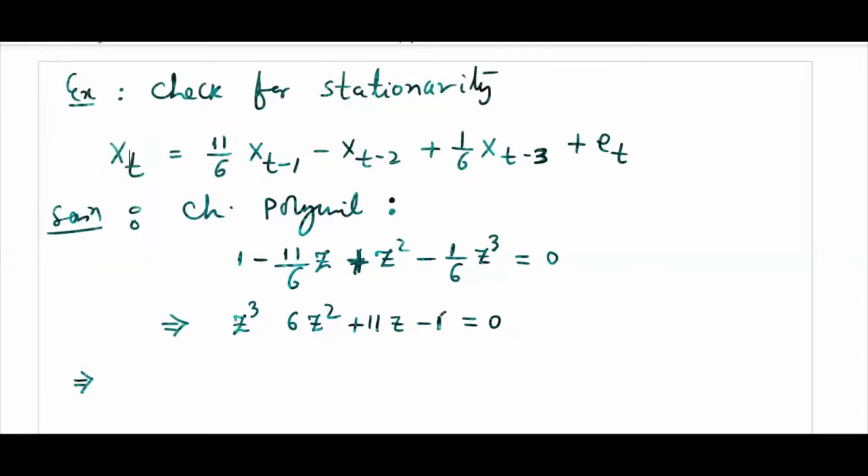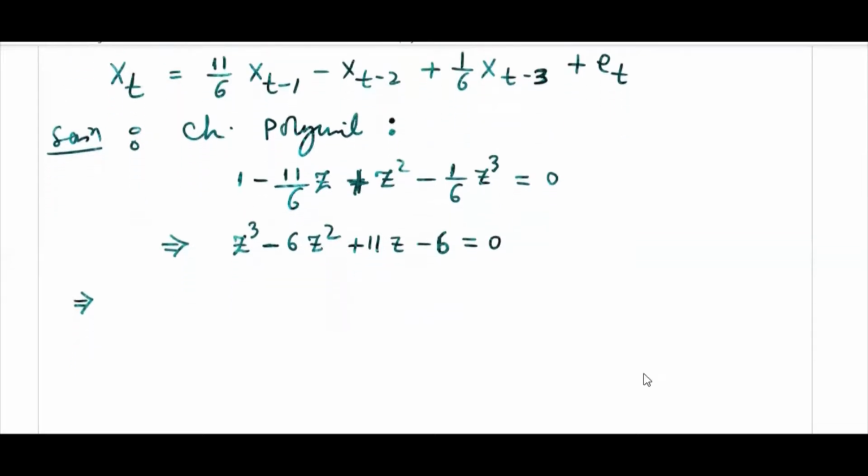Let me write that. You check whether 1 is a root or not. You put 1 here: 1 minus 6 is minus 5, minus 5 minus 6 minus 11 plus 11 is 0. This is the example given in the material. I remember 1 is a root.